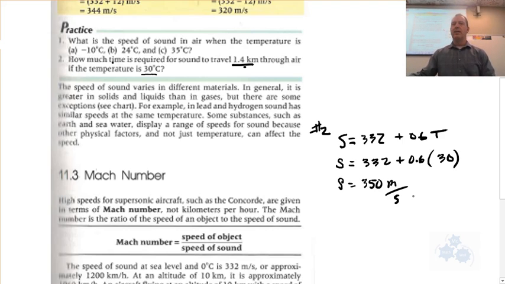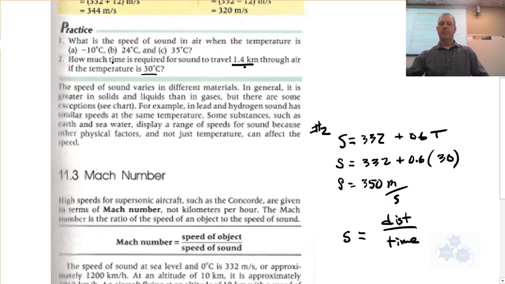We have a speed, but now we need a time. So how are speed and time related? Well, speed equals distance over time. Right? Speed equals distance over time. So here's the time I'm looking for, and I'm given a speed, and I'm also given a distance. So I've got this, and I've got this, and I can find time.